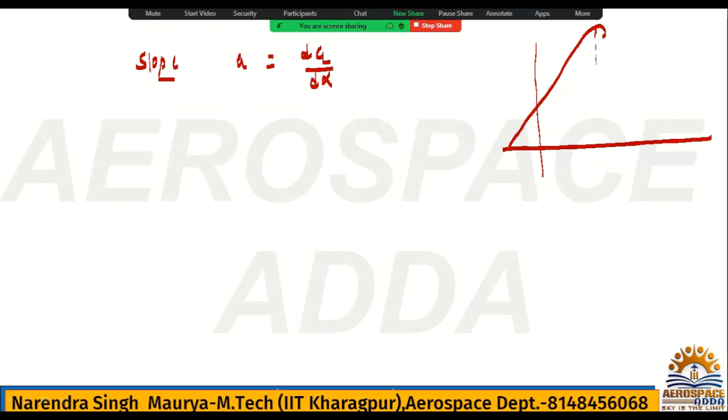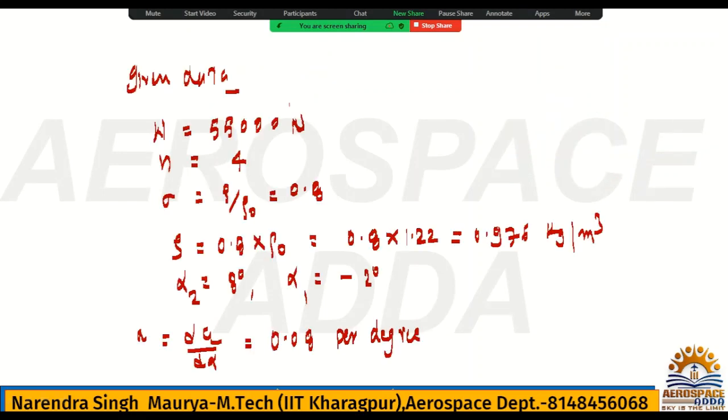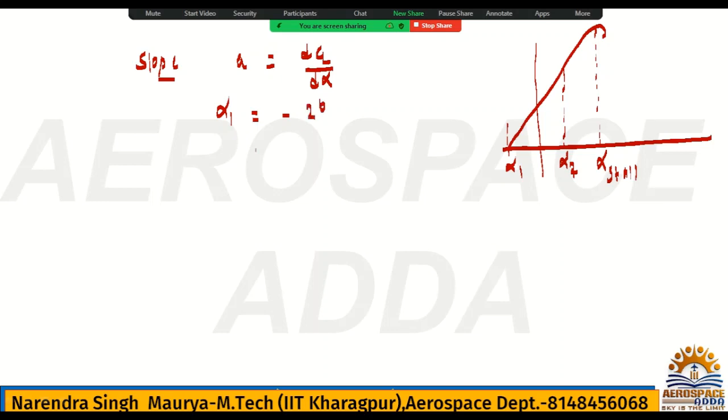Okay, so you can say this is the alpha stall. Any two values they have given to us, obviously this value will be negative, this side it is negative, so here it is positive, you can consider alpha 2. That's the reason I said you can take this positive alpha 2, and this is alpha 1, because you are counting from this side, 1, 2. So alpha 1 they have given to us, minus, I think, 2 degree. Check, alpha 1 is minus 2 degree, and what is the alpha 2? It is positive value, hence it is 8 degree.